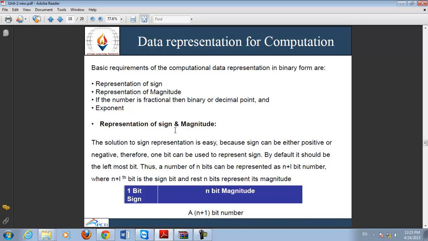First is the use of sign and magnitude. It means whenever you represent any number, the number is a combination of magnitude plus a sign bit. As we saw in the previous session, we did the conversion process to convert any number to any other number.